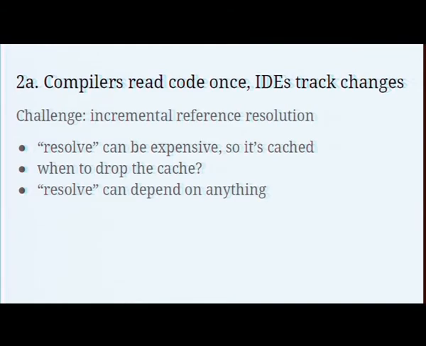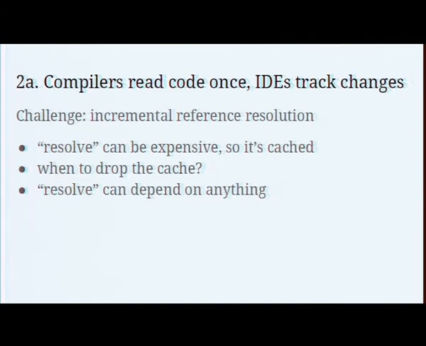And the problem with that is that the resolve method is just some code. It can be written by anyone from any plugin, any framework support can contribute a reference. And inside it can do anything. Normally references depend on the contents of the current file, or maybe on other files in the same project, on project settings, like the Java standard library version being used, and so on.